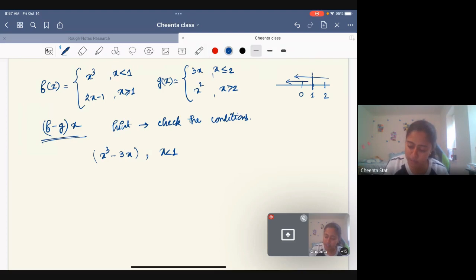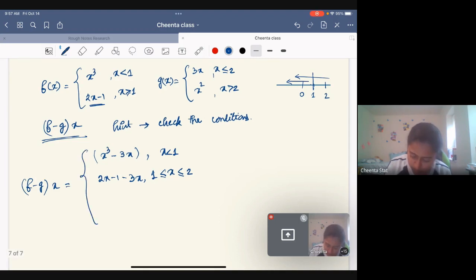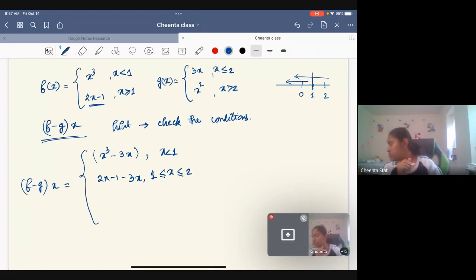And then the next region, whenever x is greater than or equal to 1 but less than or equal to 2, f will take the value 2x minus 1 and g will be 3x. Solve the rest of this too and tell me the answer.